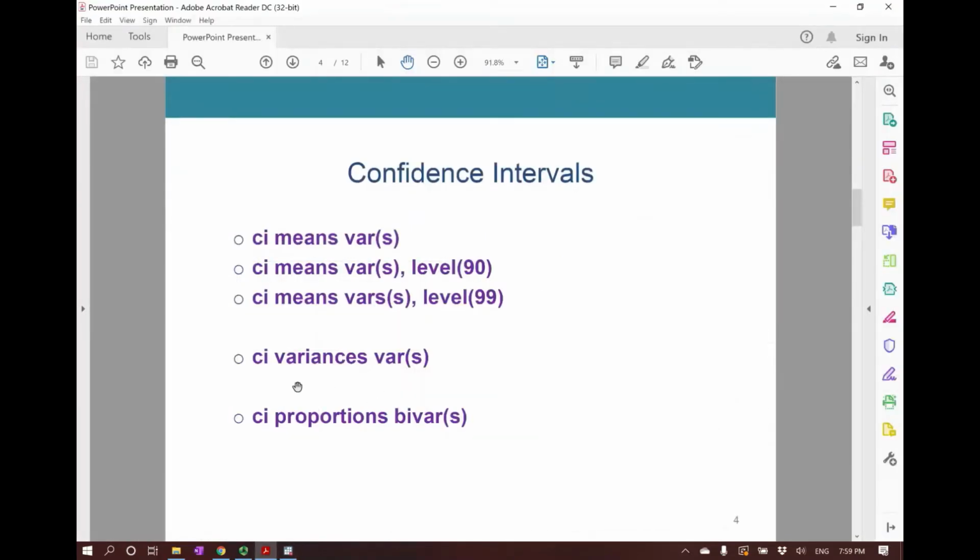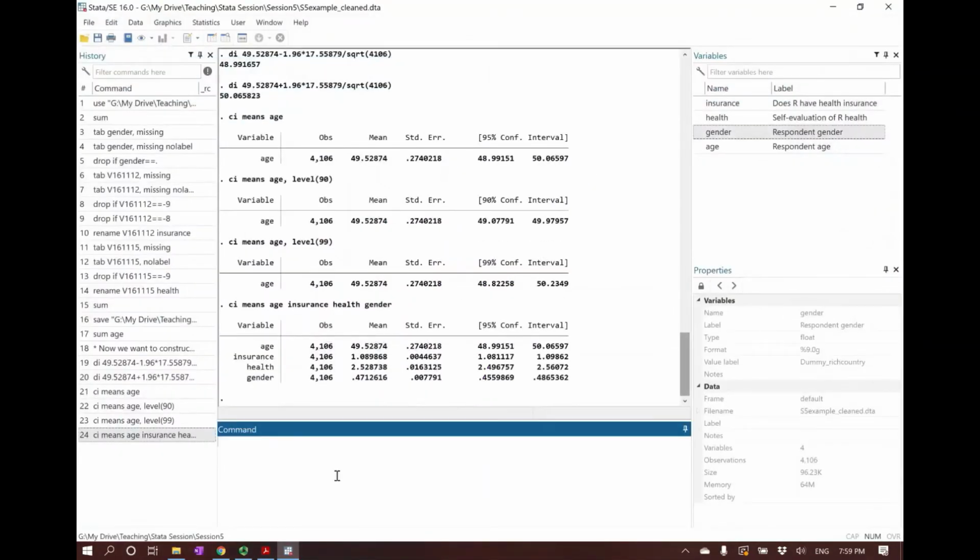On the other hand, if our target parameter is, for example, population variance or population proportions, you could also use the same CI command to calculate, for example, the 95% confidence interval for a population variance. So for example, I can calculate CI variance age.